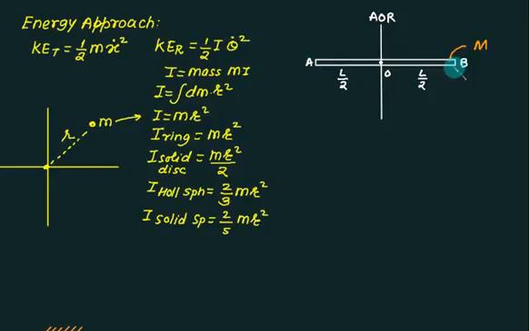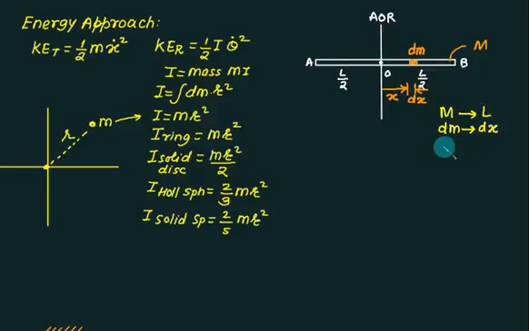The rod is uniform. Let's consider here one small point of mass equals to dm. Let this mass be situated at distance equals to x. Let the thickness of this one be dx. So M mass is distributed over L length, so dm mass is distributed over dx.